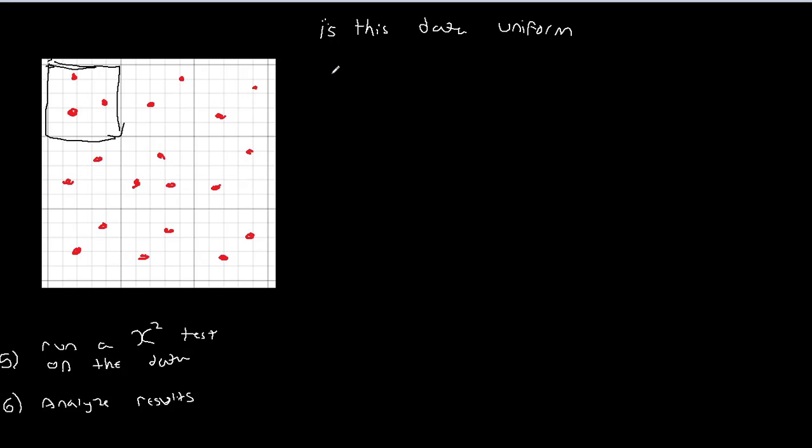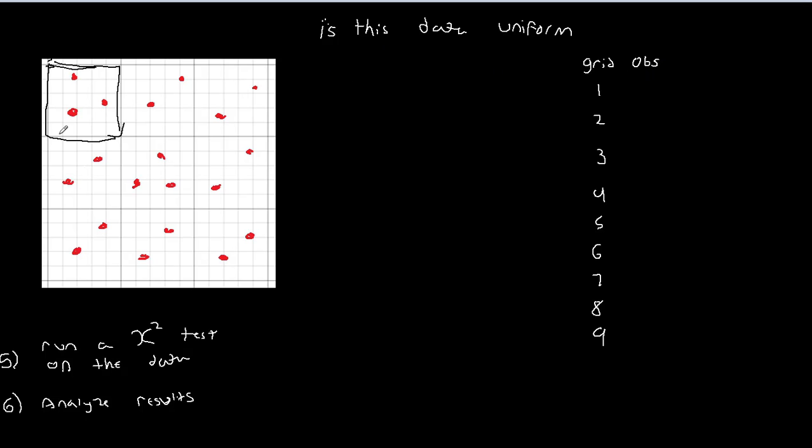So again, first step, break your data up into grids. We have 9 grids. So we're going to say grid 1, 2, 3, 4, 5, 6, 7, 8, 9. Step 2 is count the number of points. I'm going to call this observed, for the number of observed points.